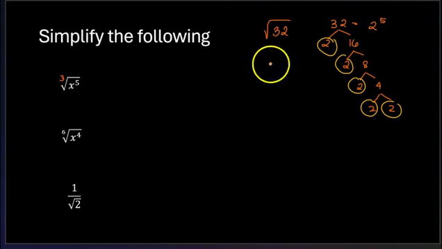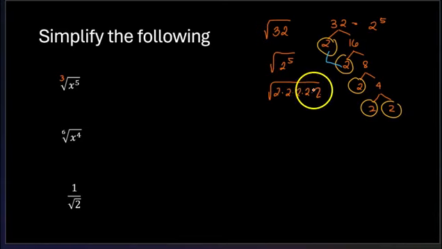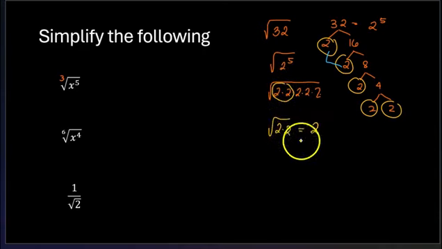So how do we solve this 2 raised to 5? To solve for a square root, when you have a pair, you can write that outside the root. Let me expand this: 2, 2, 2, 2, 2. When you have a pair of a factor, a pair of 2, this is equivalent to 2, like the square root of 2 times 2 is 2. Because that's the definition of square root.